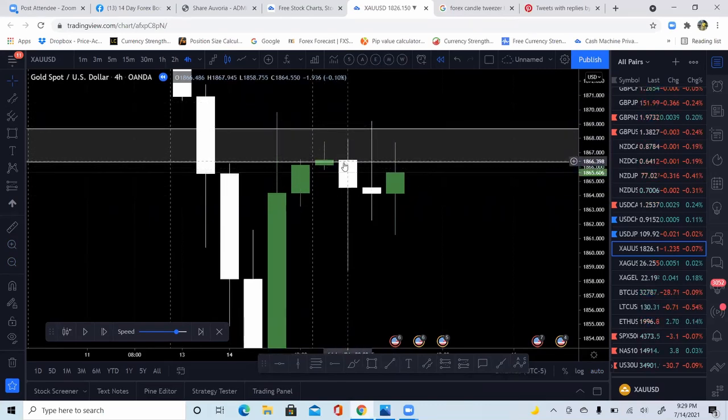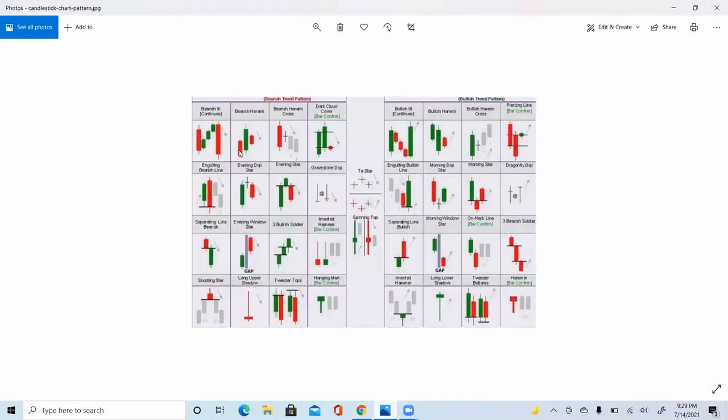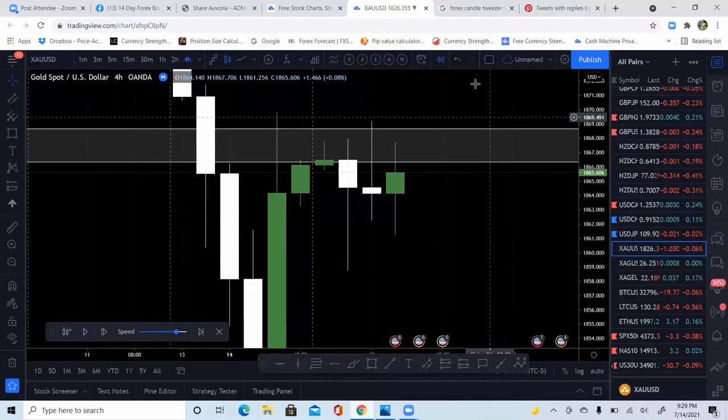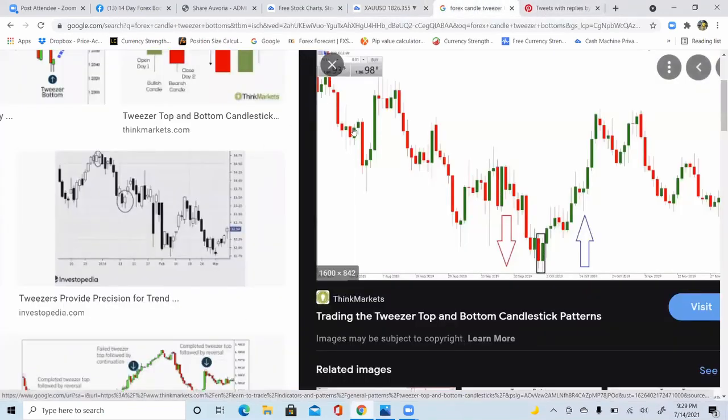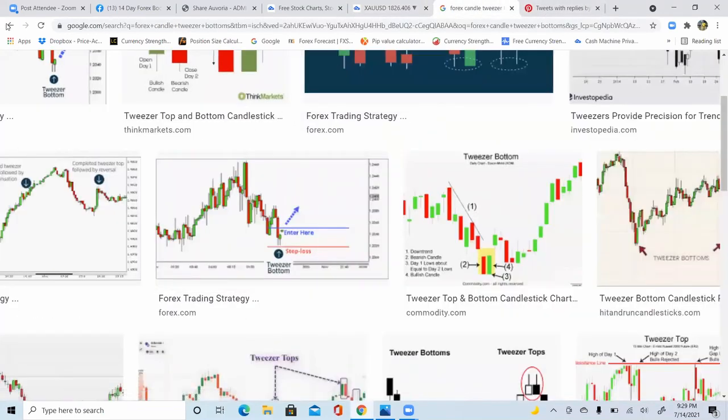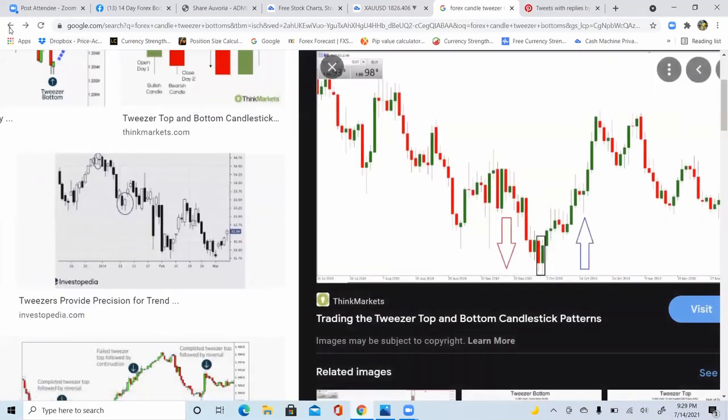Now we're talking about dojis and shooting stars and inverted hammers. And now you're just looking for your confirmation, because look at what's at the end of every candlestick pattern. A confirmation, confirmation, confirmation. Every major one has a confirmation. Even if we go over here, confirmation. We go back to what we're looking at over here.